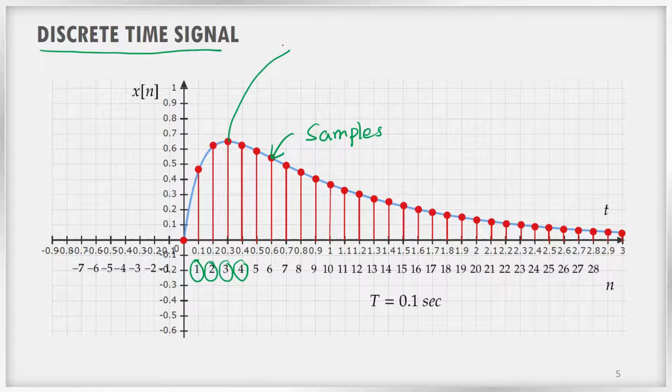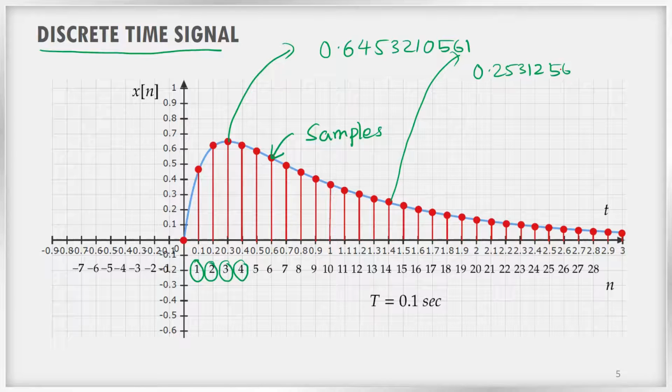For example, this can be 0.64532150561, and this value can be 0.253231256. It can be any value. So any value it can take, even though it is discretized in the time axis. It is defined only at certain intervals of the time axis, but its value is not restricted. It can take any value.